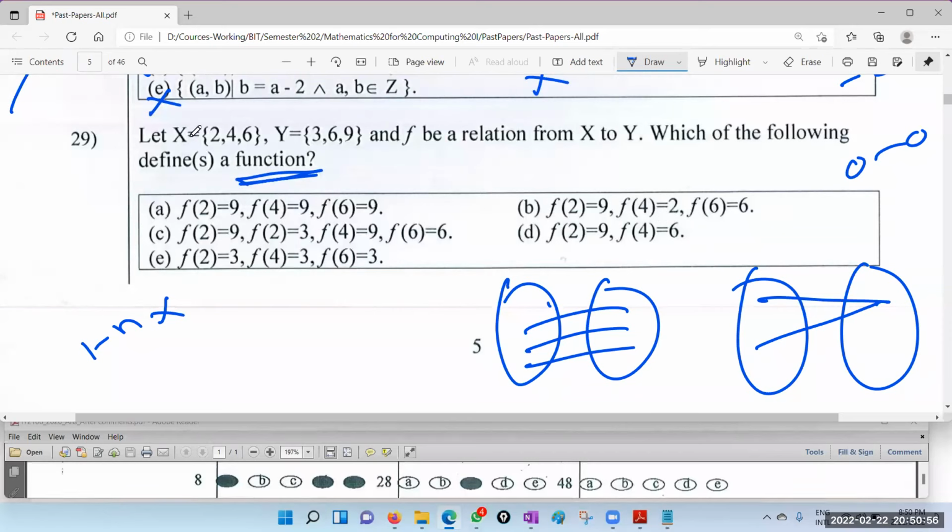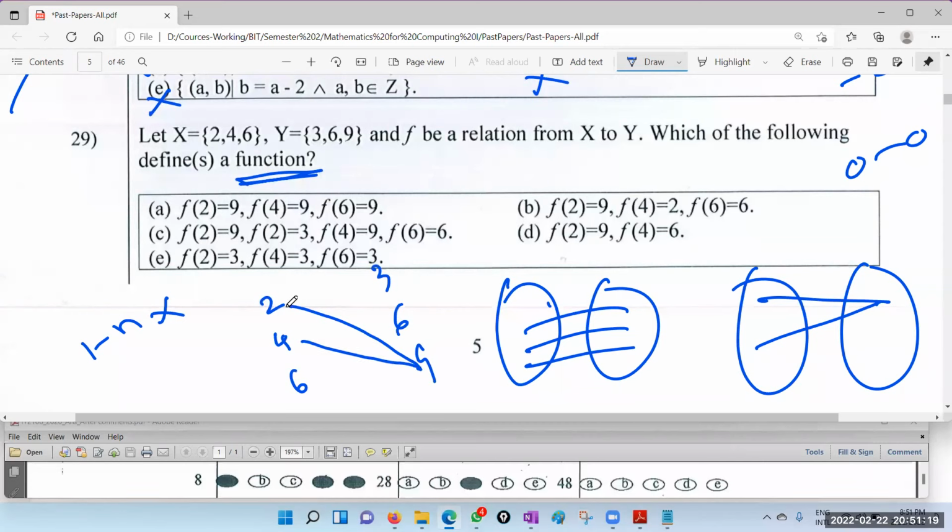Right, but about this 2, 4, 6, 3, 6, 9, F2 is 9. So let's map it. 2, 4, 6, 3, 6, 9. 2 to 9, 4 to 9.